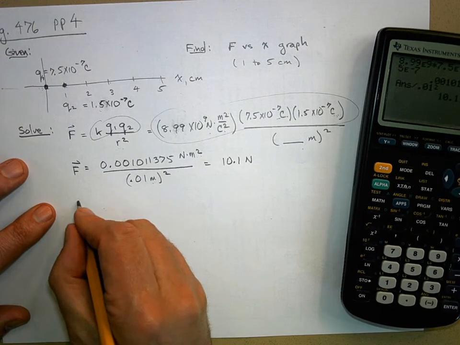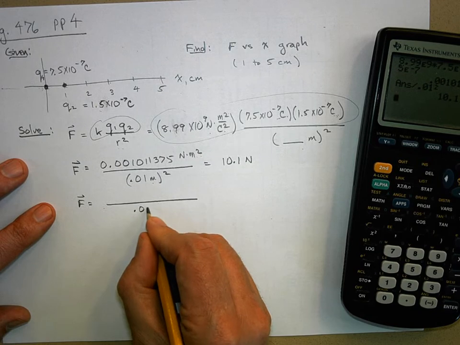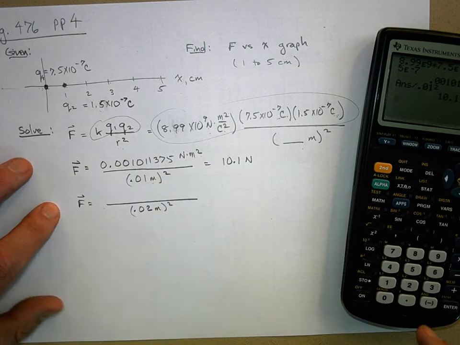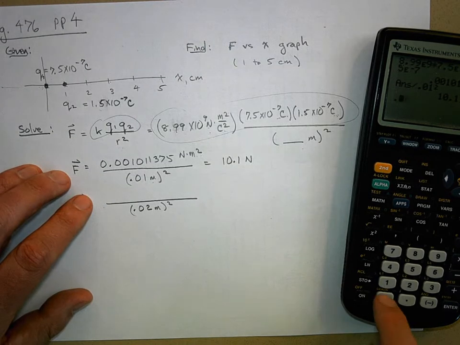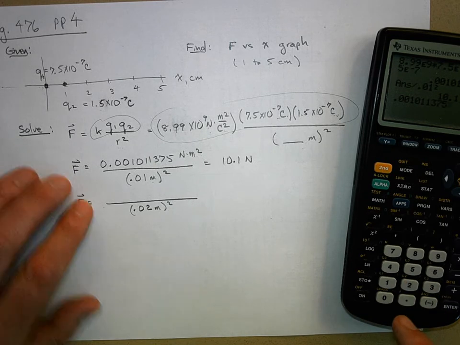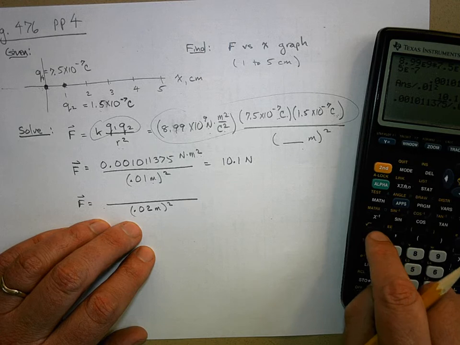So now I'm going to take that same number, 0.001011375. I don't need all those digits, but divided by 0.02 meters squared.